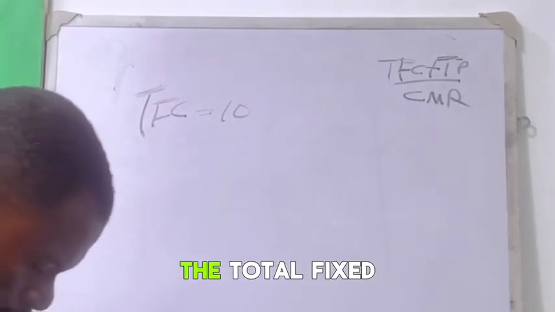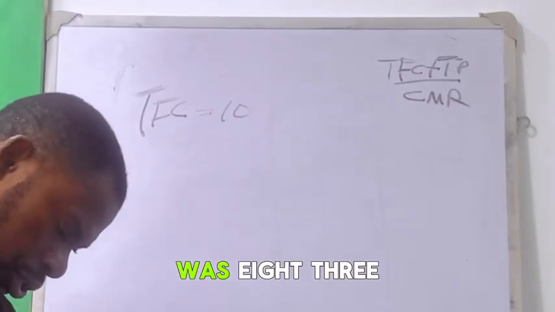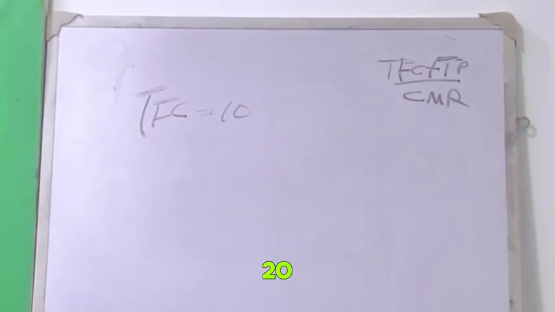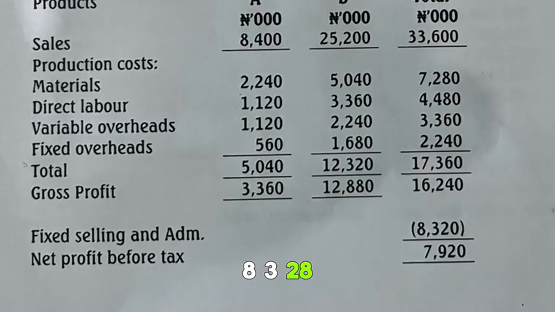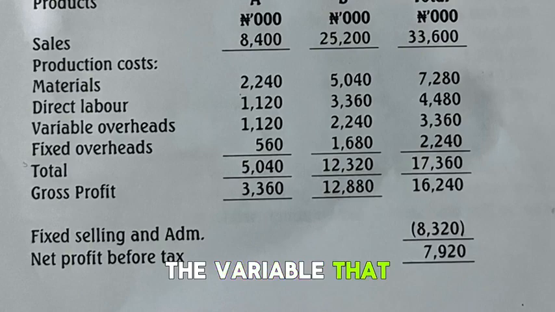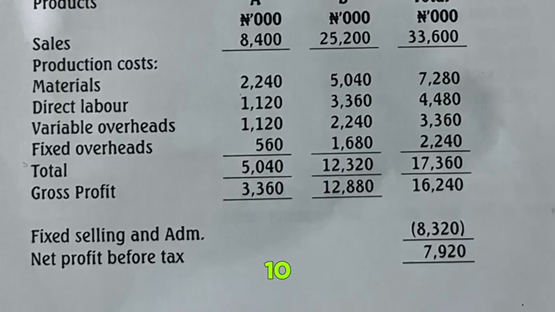If you remember, the total fixed cost, we said it was 8320, plus the variable, fixed overhead of 2240, which gave us 10,560.